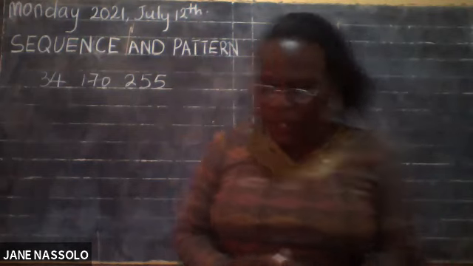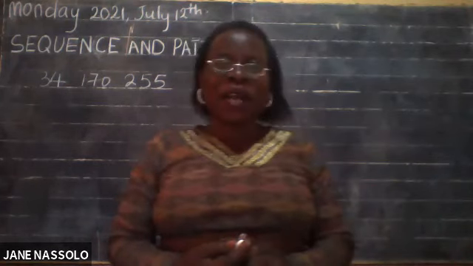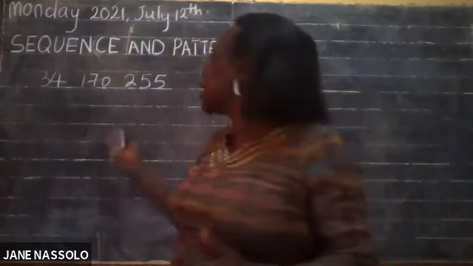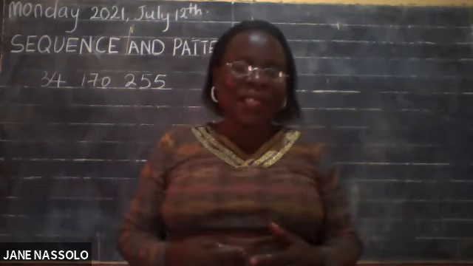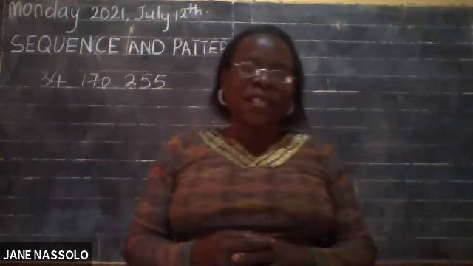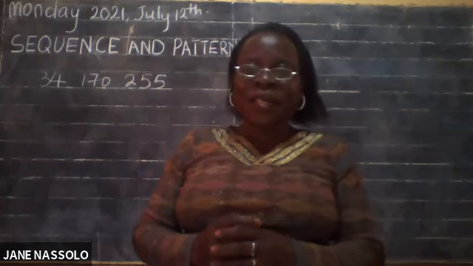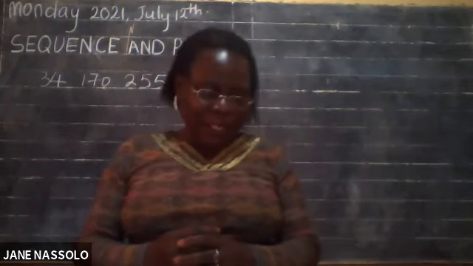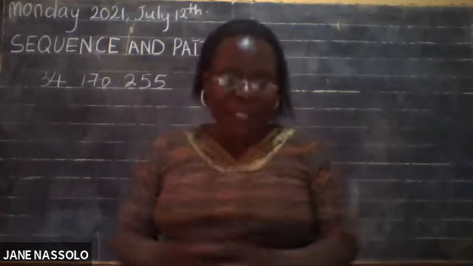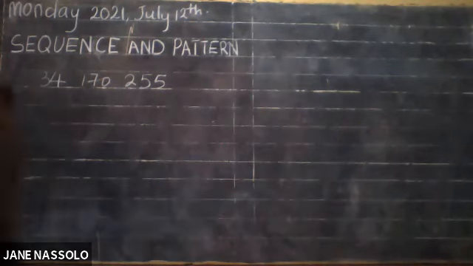Some people had given the answer last time, but now I want us to remind ourselves of the procedure in getting that number that has those 3 multiples. Somebody to remind us the procedure of getting the number whose 3 multiples are those ones given. This is question number 10.